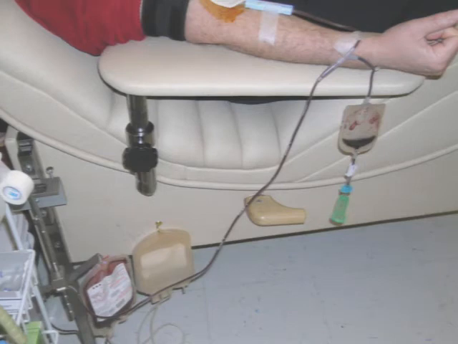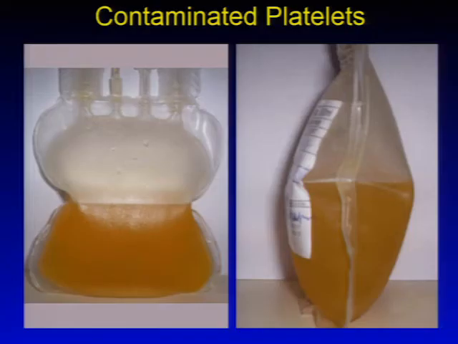So I want to move past a couple of these to show you a picture of contaminated platelets. Again, remember that platelets are prone to infection, as are other blood products, but specifically platelets. This unit actually was growing Klebsiella pneumoniae, and it was also positive for other gram-negative organisms. As you can see, the expansion.